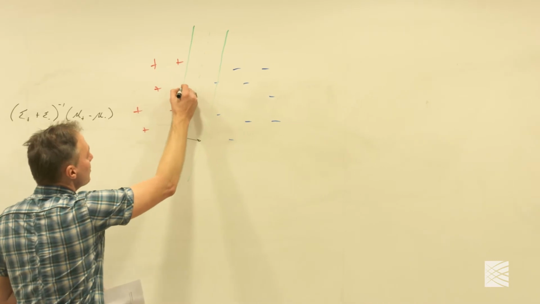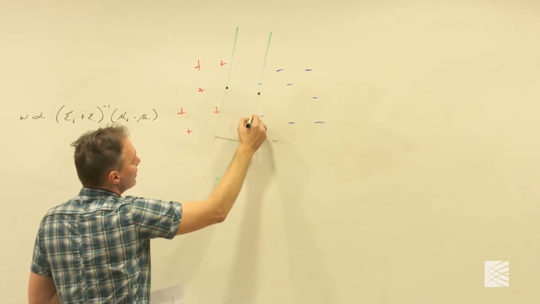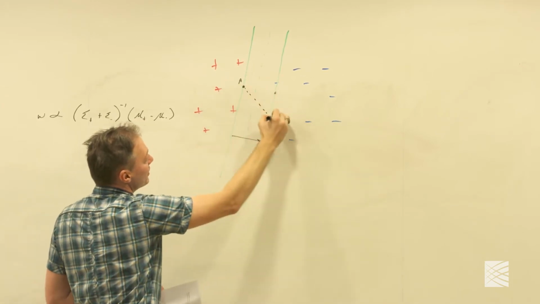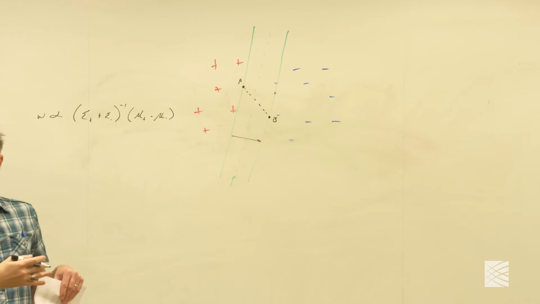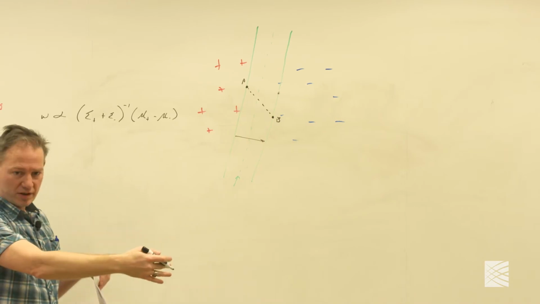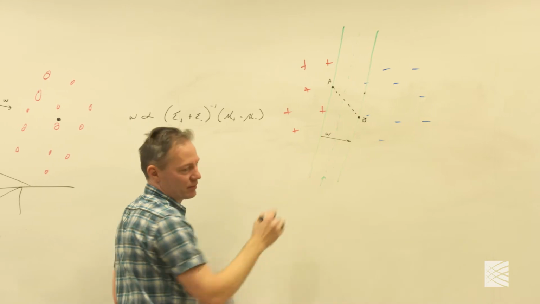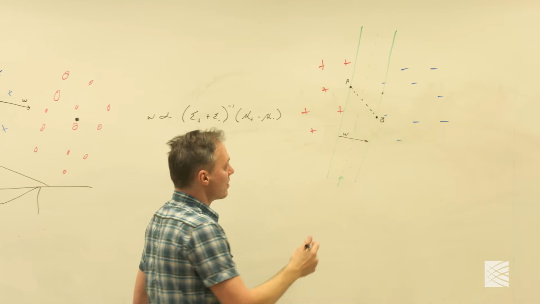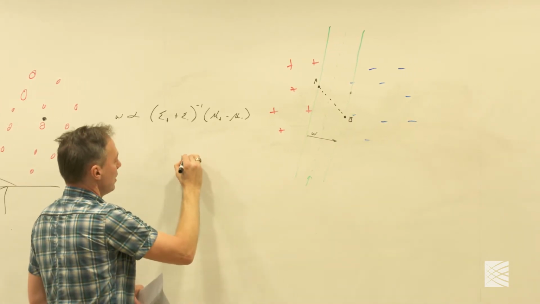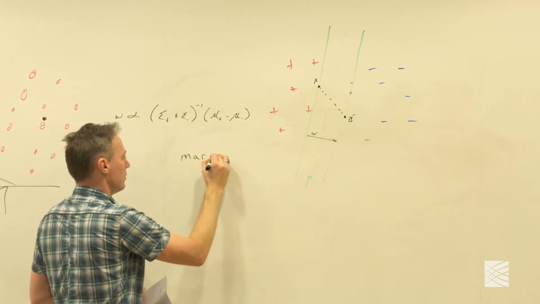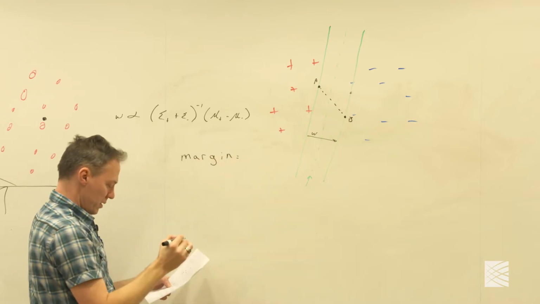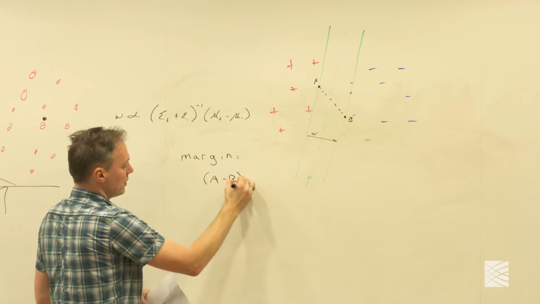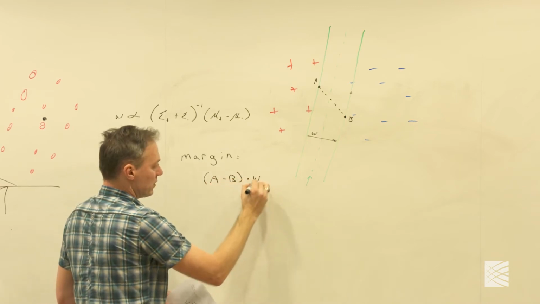If we look at a couple points on the boundary, actually let's use this one. Let's call this A and this B. Then the distance, the width of the margin, and we'll assume that we know this W. We're going to figure out how to solve it in a second, but we'll assume we know this W. Then our margin is equal to A minus B dotted with W, right?